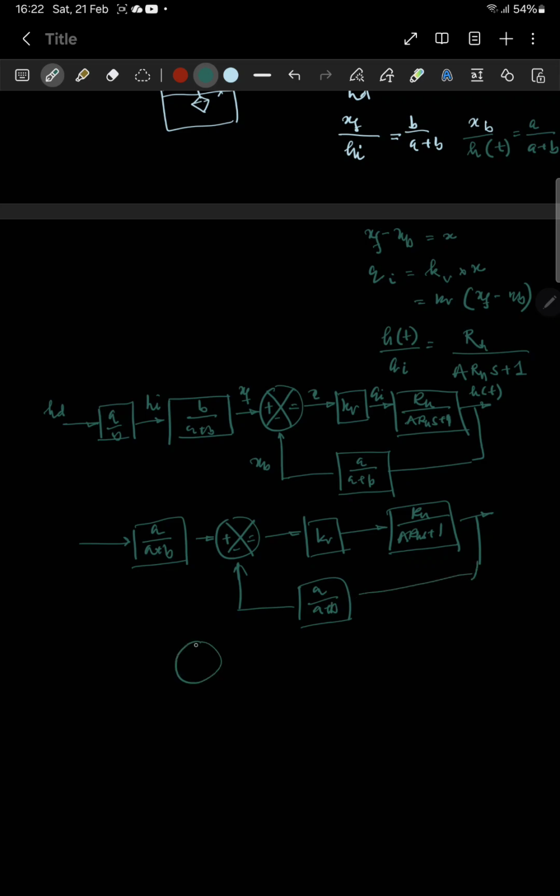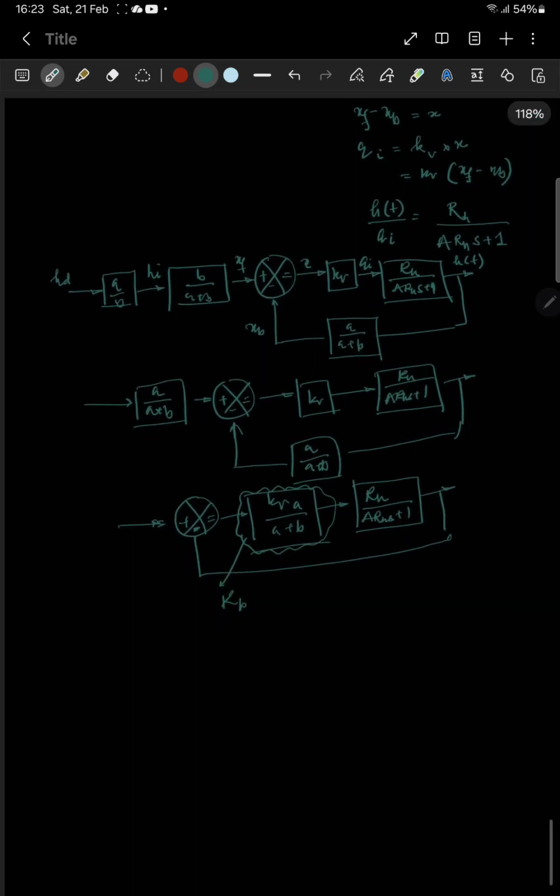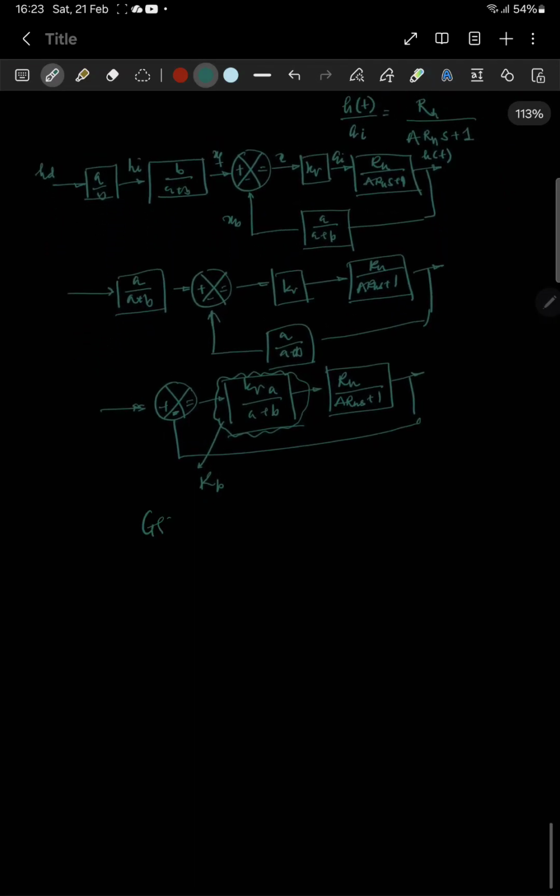Now this can be written as Kv a by a plus b, so this is Kp of the proportional controller, right? And the transfer function of this system now becomes Kp Rh over 1 plus.